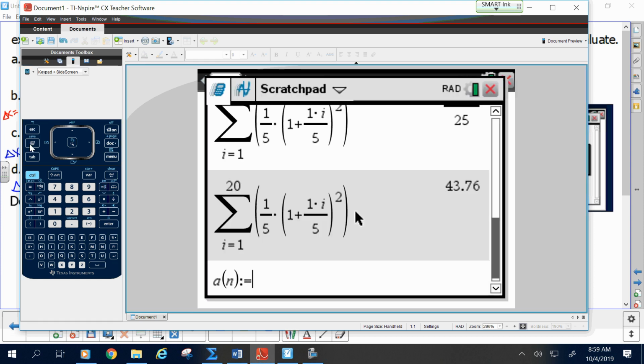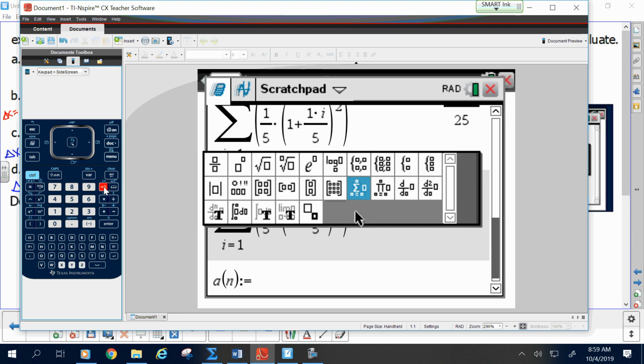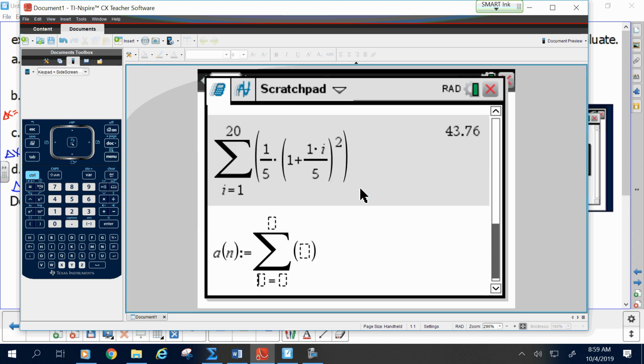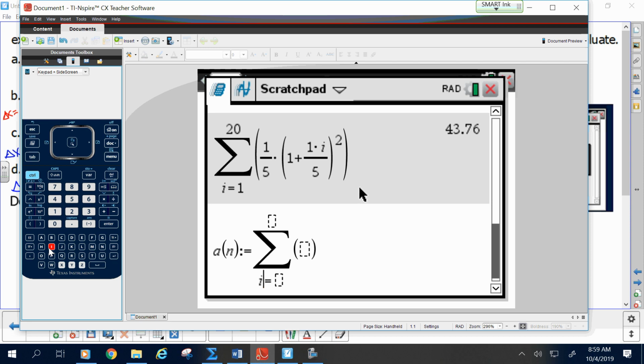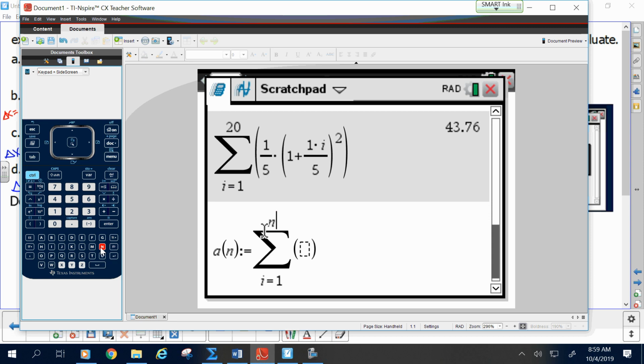Okay, the summation from i equals 1 to n. And then I need the delta x. What's the delta x? 4 divided by n, and then I open up some parentheses for the function, and what x did I evaluate the function at?